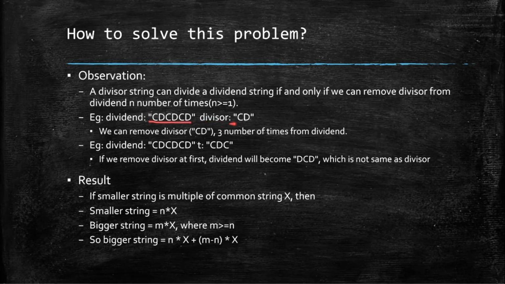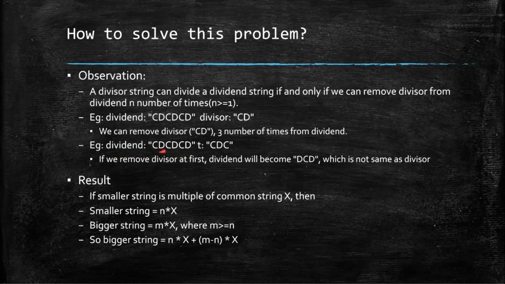So the observation that I found in the question is that if we have a dividend string, let's say CD repeated, and a divisor string CD, we can remove the divisor CD three times from the dividend. It is common basic mathematics: whenever we write a multiple of any number, like 8 for 2, we can remove 4 times 2 from 8. Similarly, whenever the dividend is this and the divisor is CD, I can remove CD from the dividend 3 times, which is a natural number.